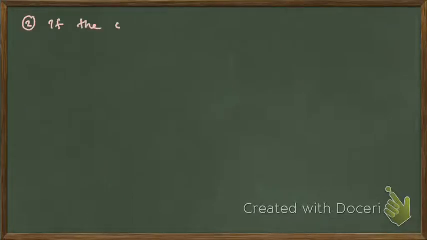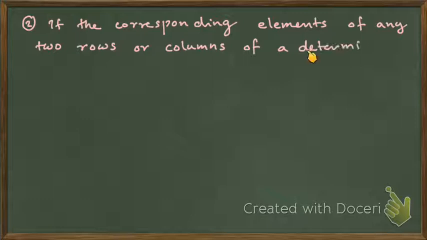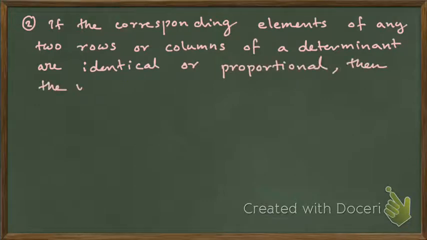We look at another property now. If the corresponding elements of any two rows or any two columns are identical, which means they are the same, or if they are proportional, the value of the determinant will be 0.